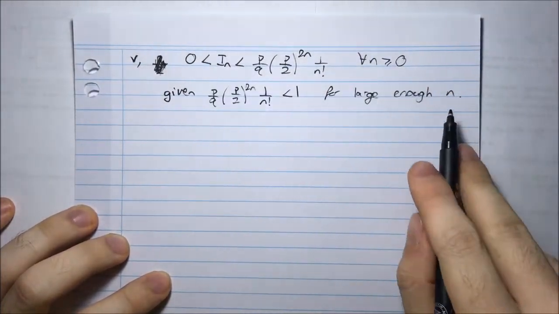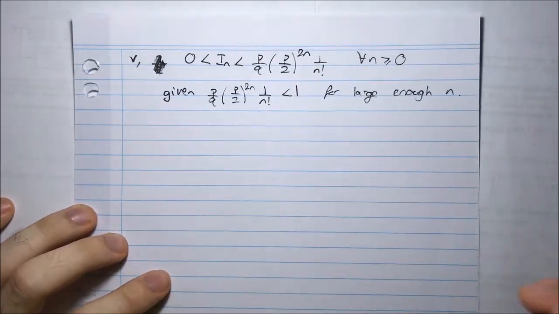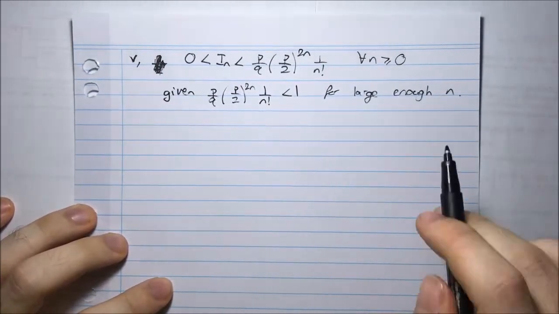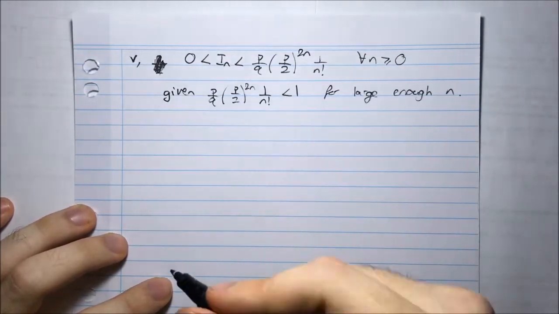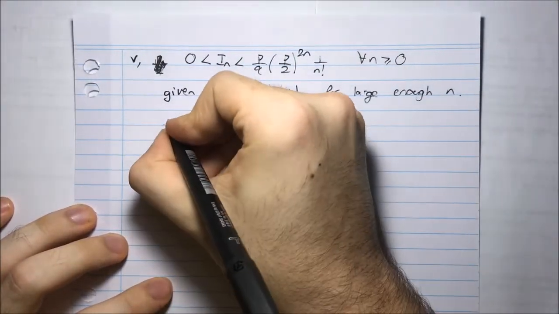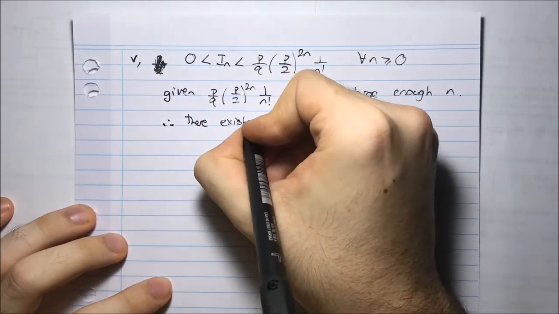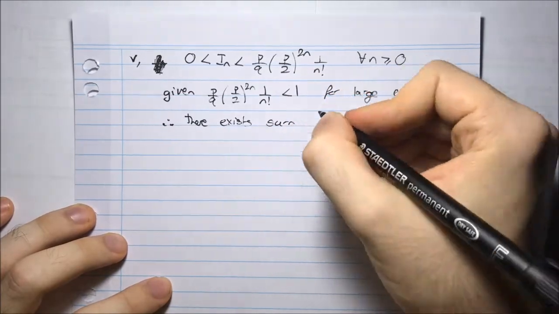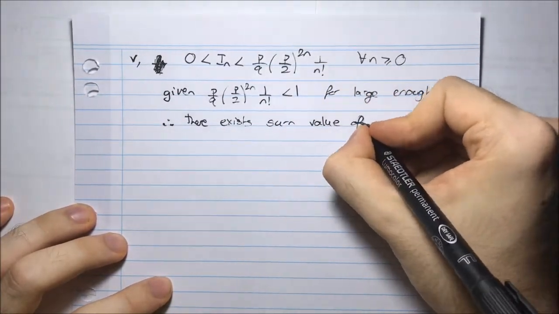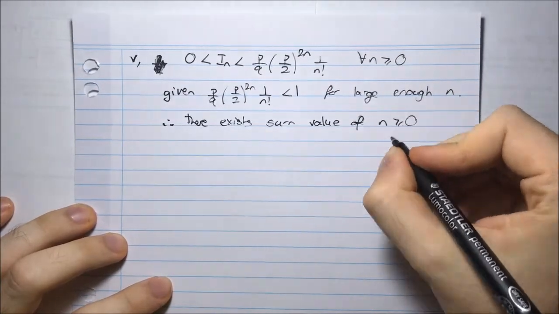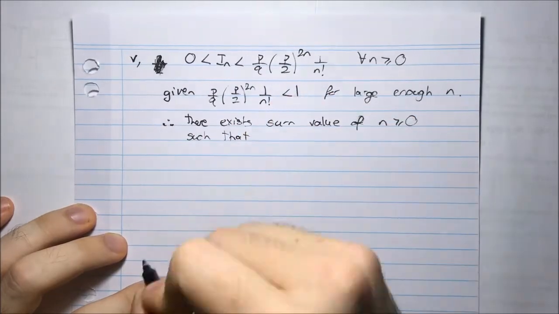Right? We're told that if I can make n large enough so that this expression becomes less than 1. Okay? So, for large enough n I have this. Now, what can I say? Therefore, there exists some value of n greater than or equal to 0, such that this expression holds.